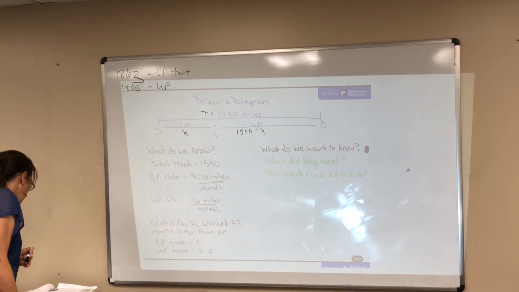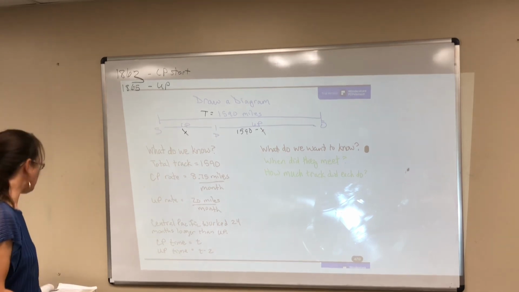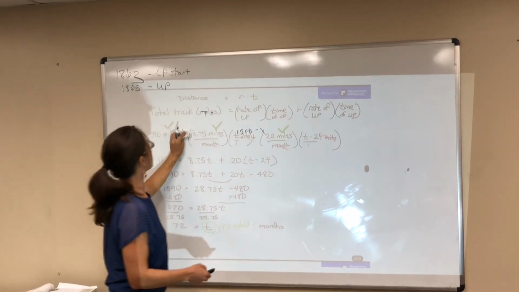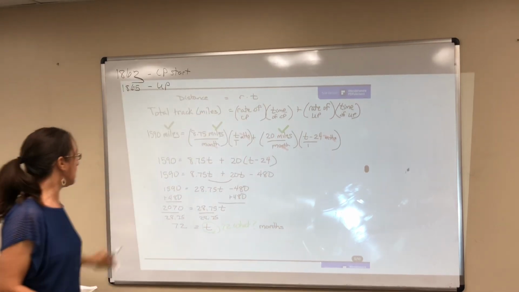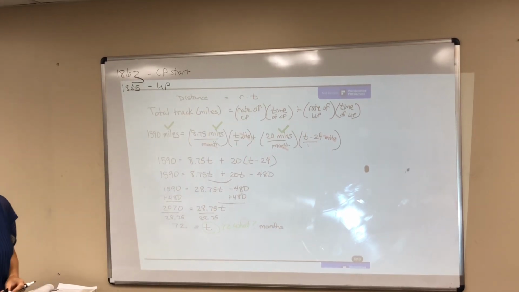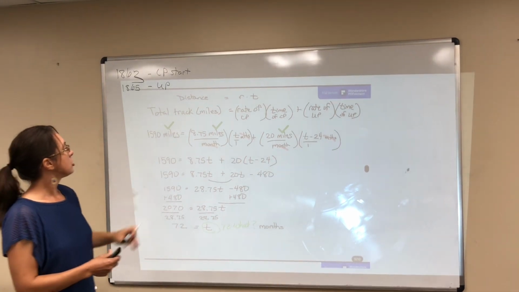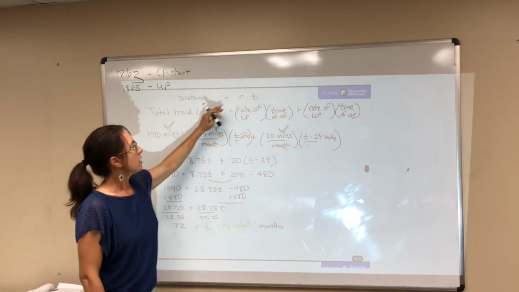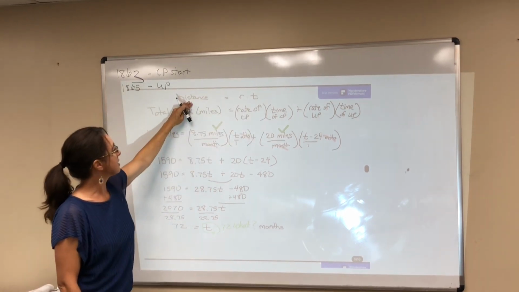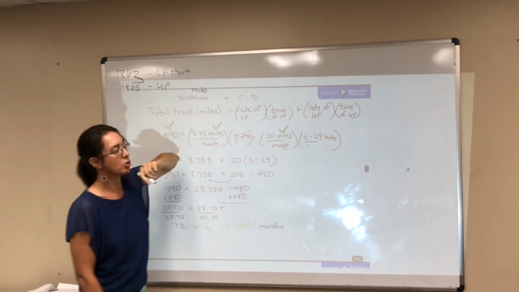They're wanting to know when they meet. So let's work through this. The first thing that we know is distance equals rate times time. This is a very simple one that we're always going to use. The total track is equal to the total distance, and distance is in miles, so we can use our units for this.